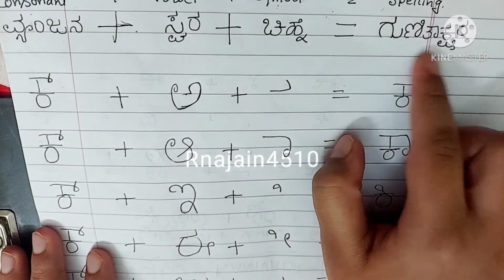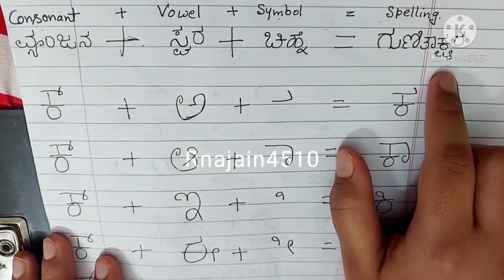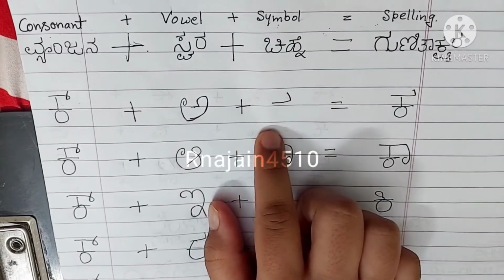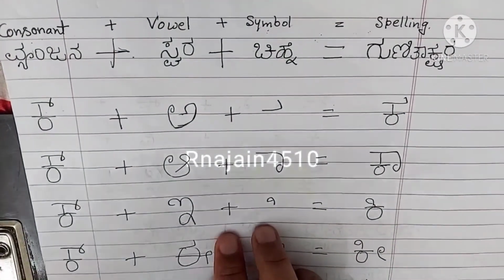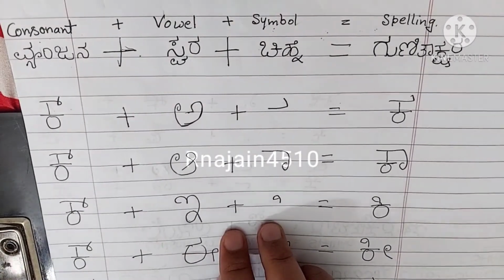Okay. Just the spelling would be different. The spelling or the Gunitakshara will be different. Okay. Vowel and symbol always will be same in Gunitakshara Galu for all the remaining Vyanjana Galu.